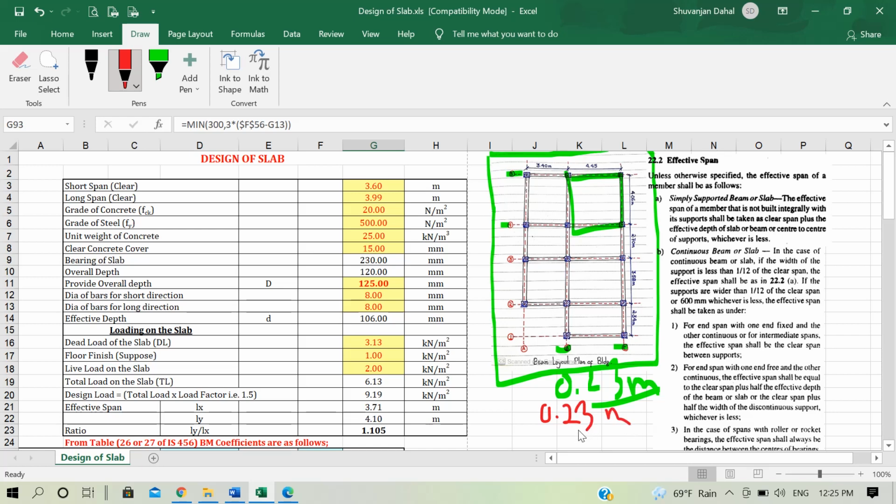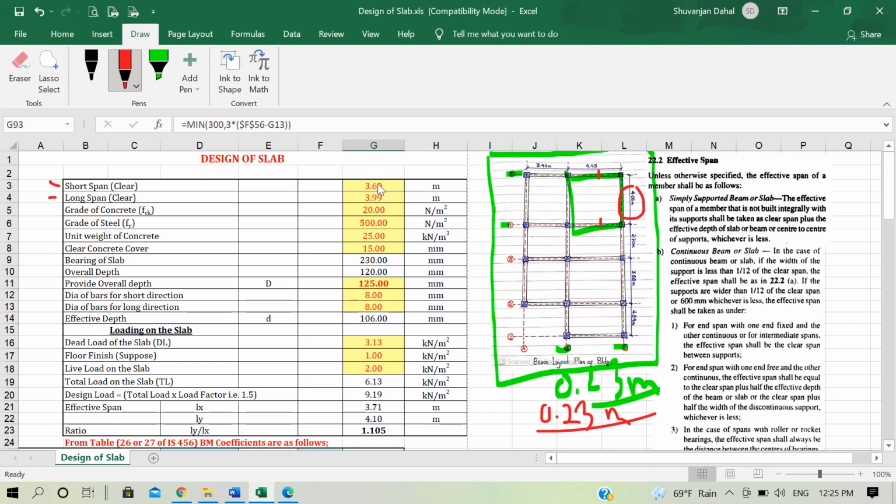So what will be the clear span in the shorter and longer direction? Let's look at the shorter side first, 4.06 meter center to center span. Now we have to subtract from this dimension half the width of beam on this side and half the width of beam on this side to get the value of clear span.